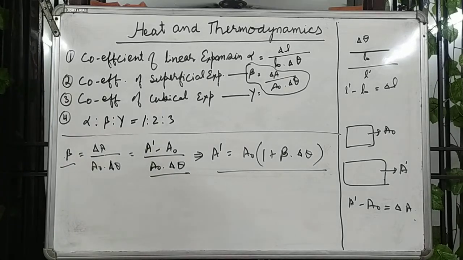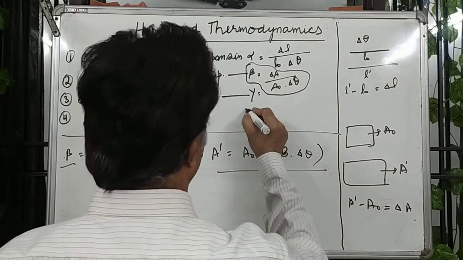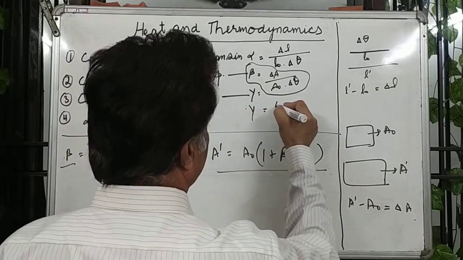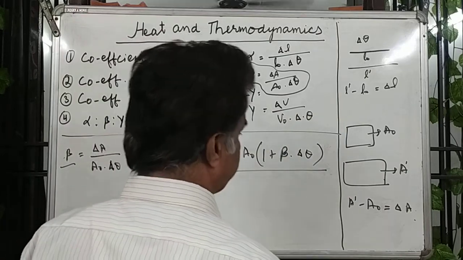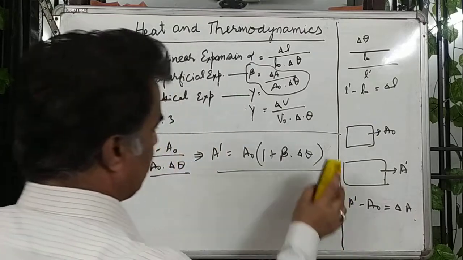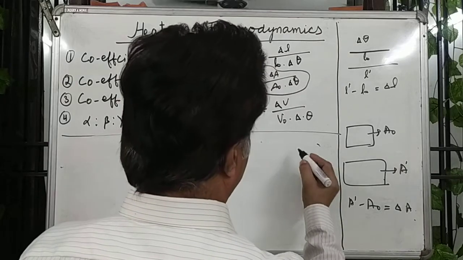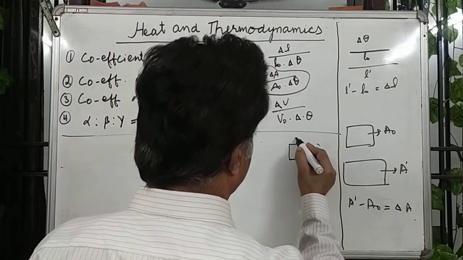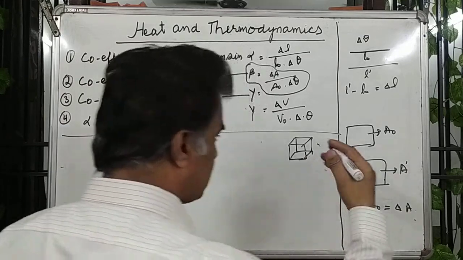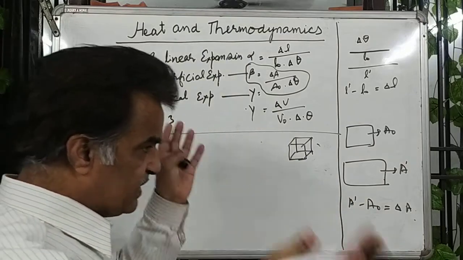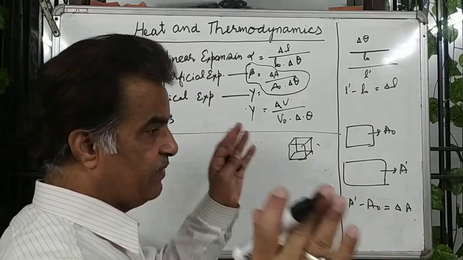Now, the third one, we are going to study coefficient of cubical expansion. This is gamma. So, you may write gamma equals change in volume per unit original volume per unit change in temperature. The meaning is this: if there is a body, with increase in temperature expansion will take place, and by decrease in temperature there will be compression.